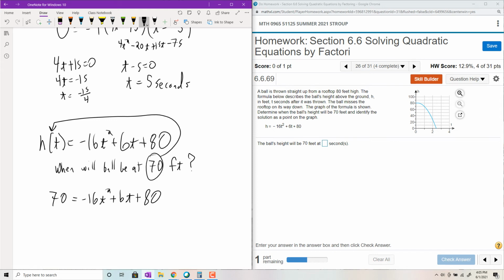All right, so I'm going to move everything to the left side this time. So 16t squared minus 6t minus 10, since 70 minus 80 is minus 10. I can factor a 2 out of everything.